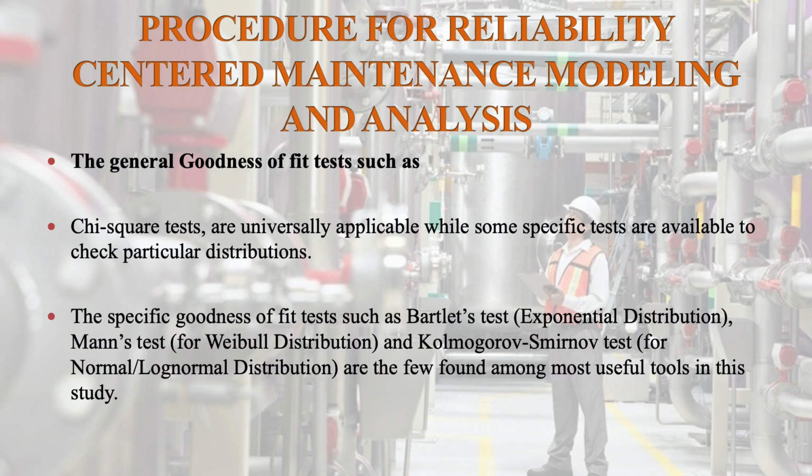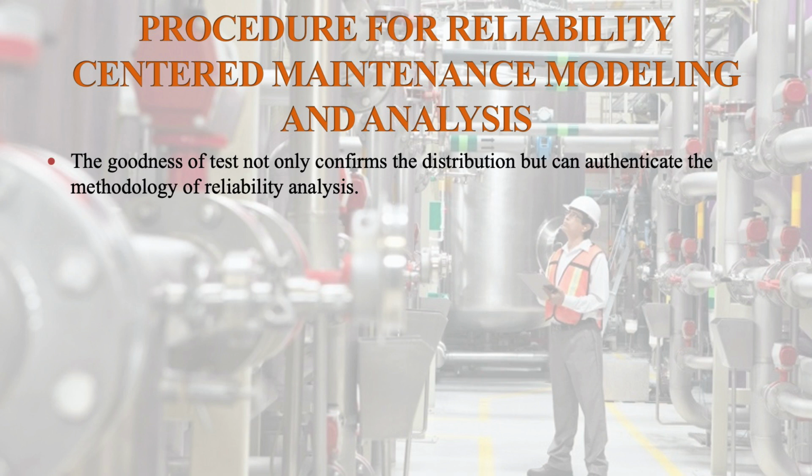The specific goodness of fit tests such as Bartlett's test for exponential distribution, Mann's test for Weibull distribution, and Kolmogorov-Smirnov test for normal and log normal distributions are a few among the most useful tools in this study. The goodness of fit test not only confirms the distribution but can authenticate the methodology of reliability analysis.